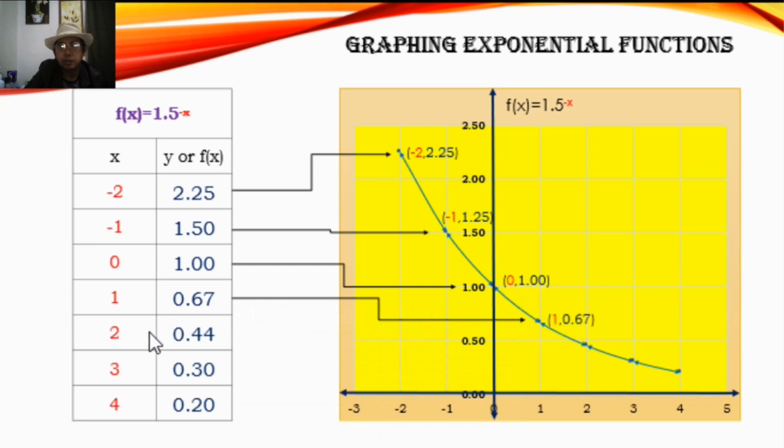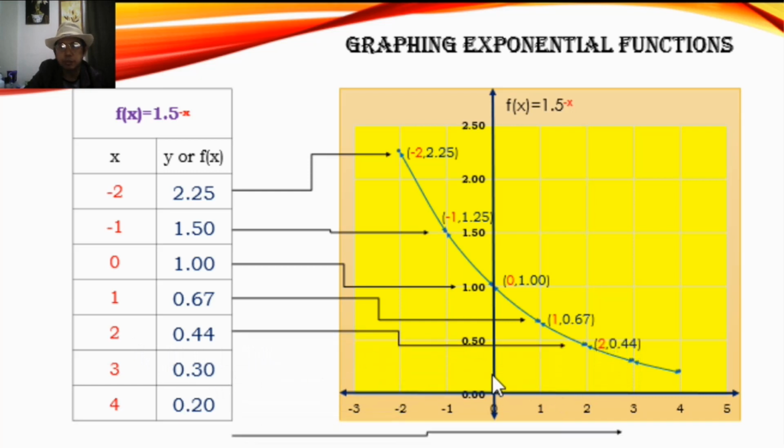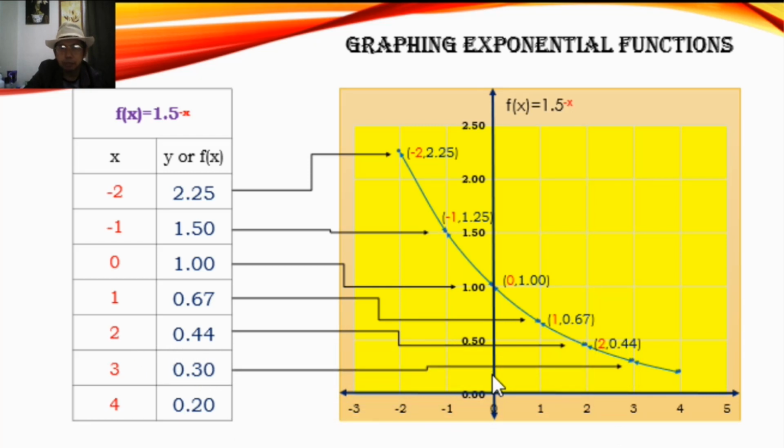Where is the point 2 and 0.44? We have it in here. Another point, that is 3 and 0.33, is located in here. And the last point is 4 and 0.20. It is located in here.